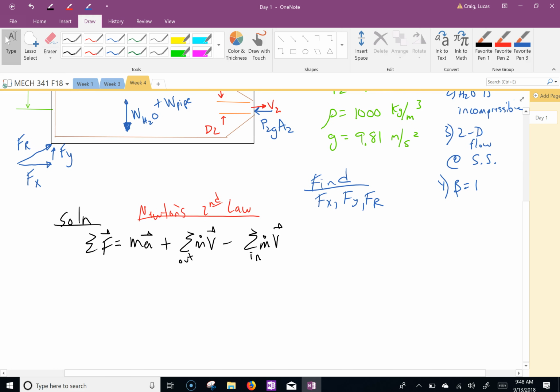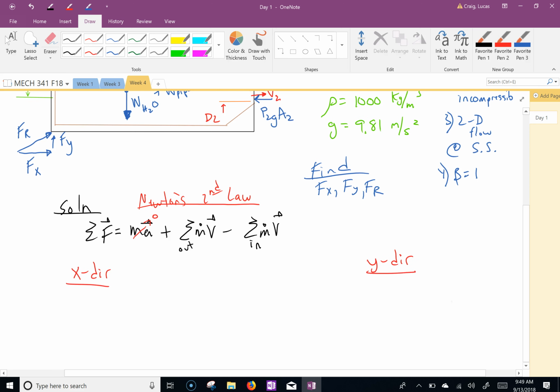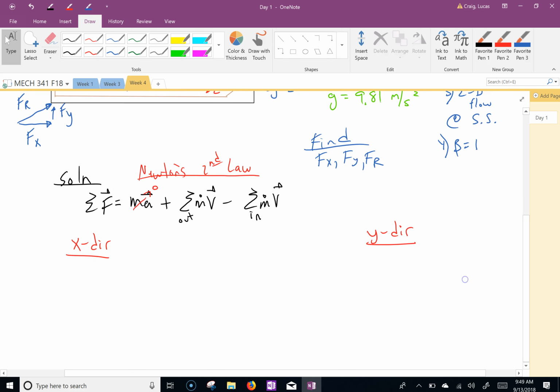So, we're going to have two directions. But what can we cancel first off in that? MA, because we're going to assume that nozzle is stationary. We don't want it to move, okay? Then we have the X direction. We'll have the Y direction. Now, you've also seen the I direction and the J direction, right?